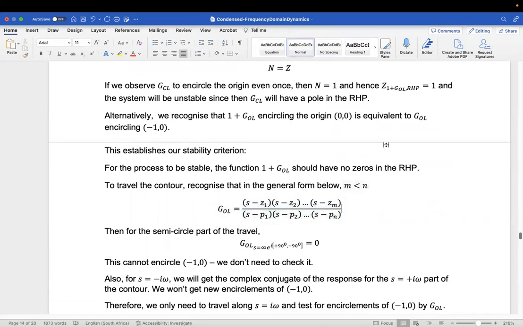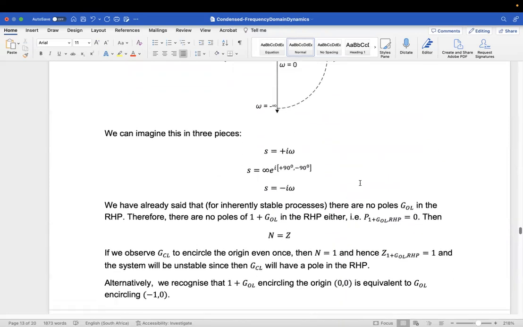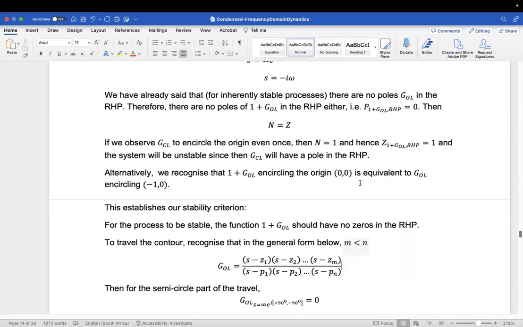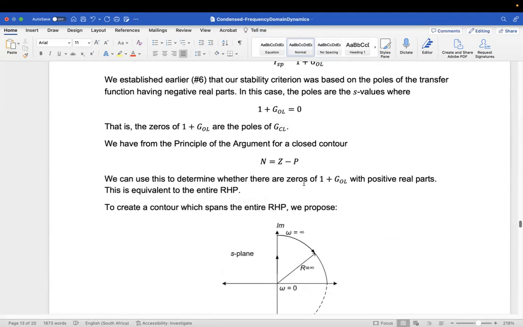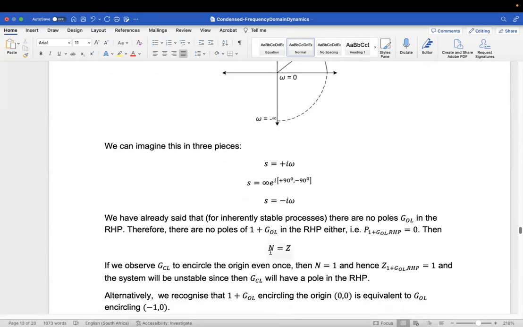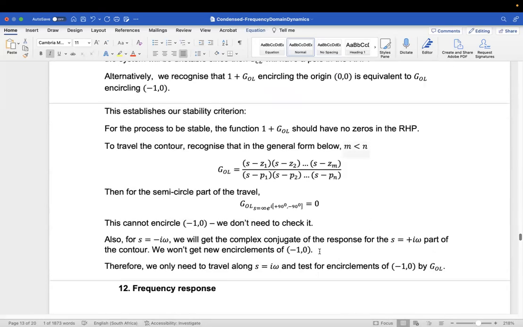And we've said this process is inherently stable, right? We said if G open loop is inherently stable, then P equals 0. So that's how we simplified it to N equals Z. We said there are no poles in the right-hand plane.